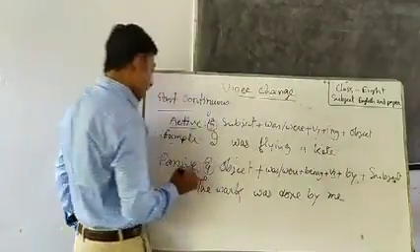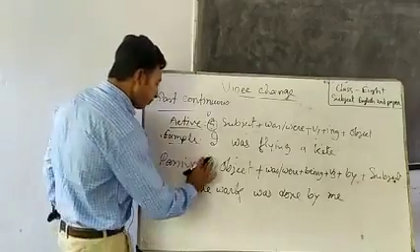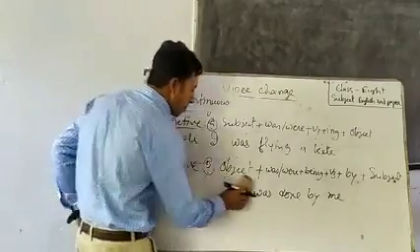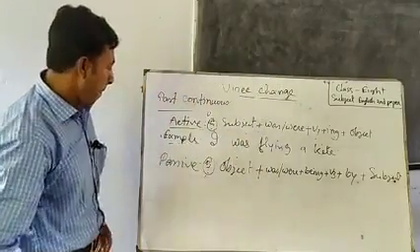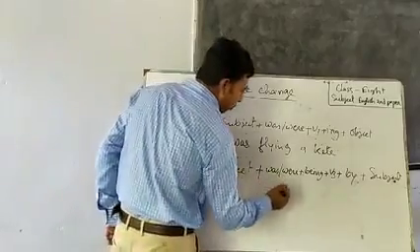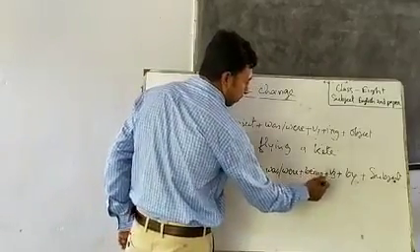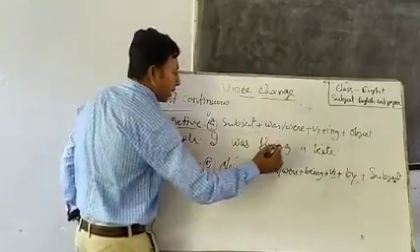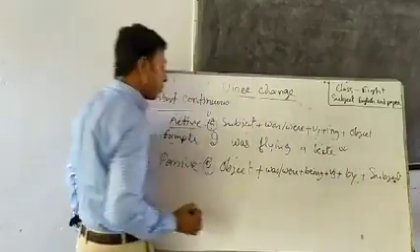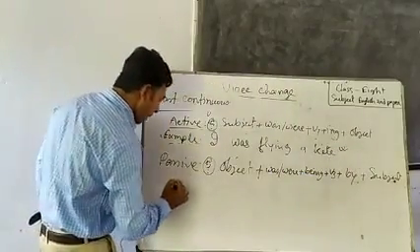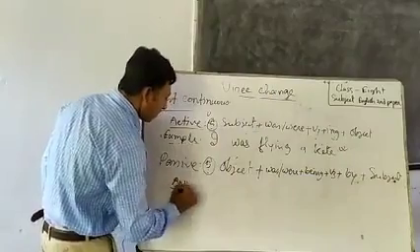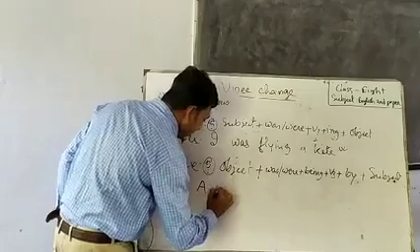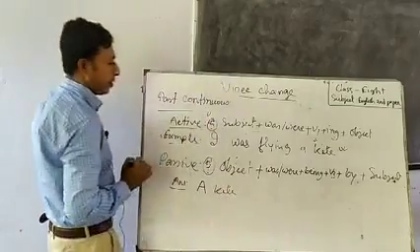For changing it, here is a structure: object plus was, were plus being plus verb 3 plus by plus subject. I change this sentence into passive. First I write object. Object is a kite.